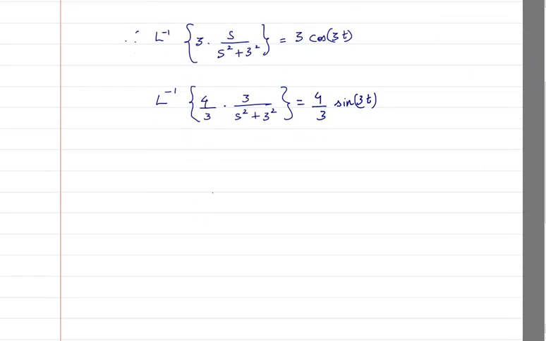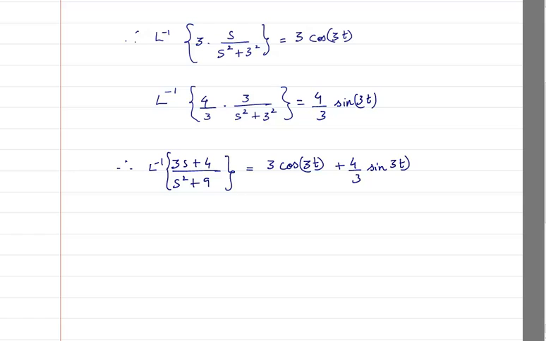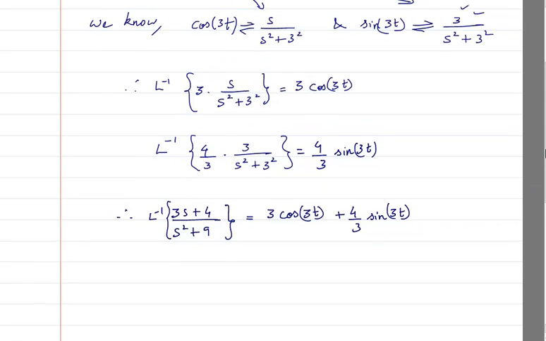Therefore, the question was 3s plus 4 divided by s square plus 9, and the Laplace inverse is going to be 3 times cos 3t plus 4 by 3 times sine 3t. Is this enough? No. There is something that I have left out here.